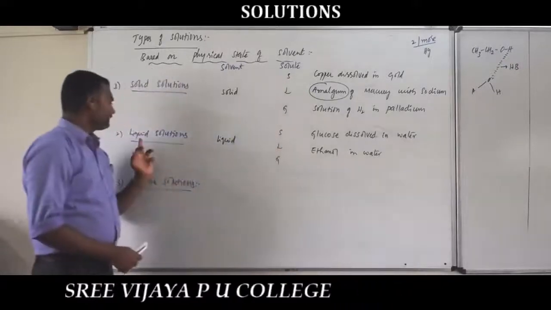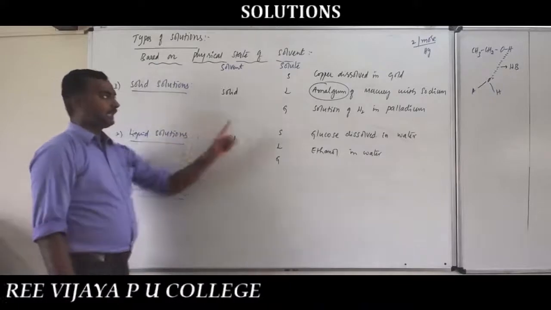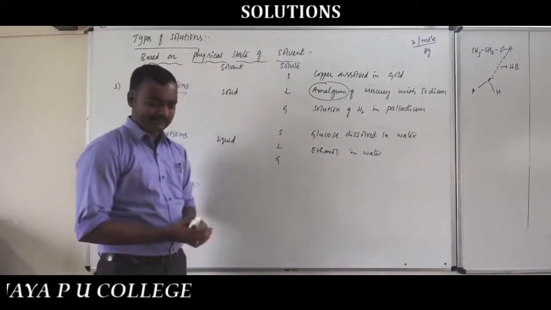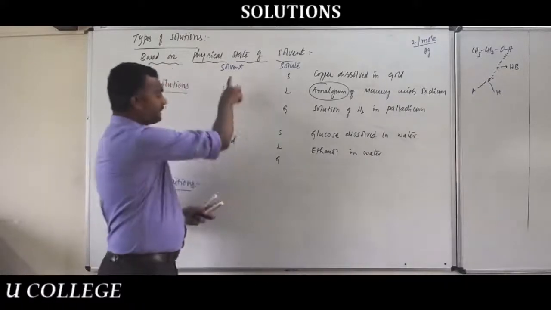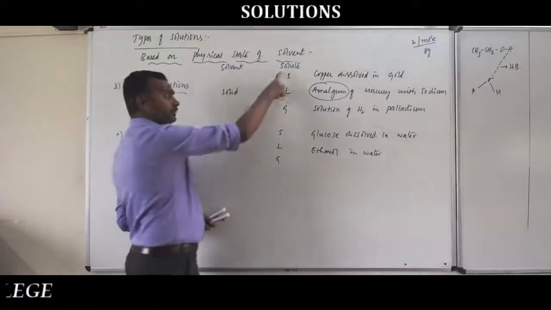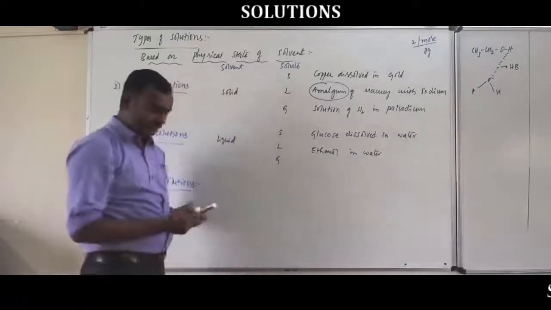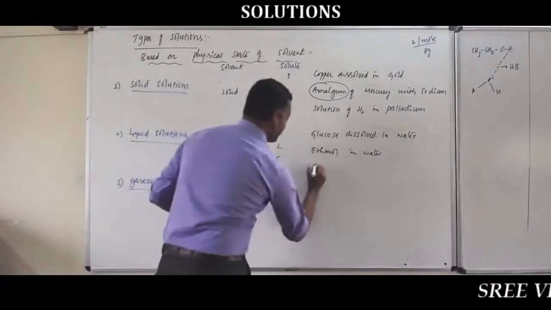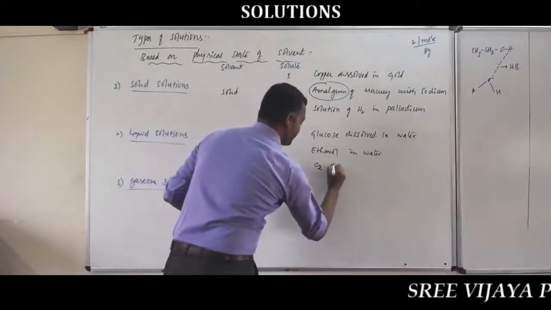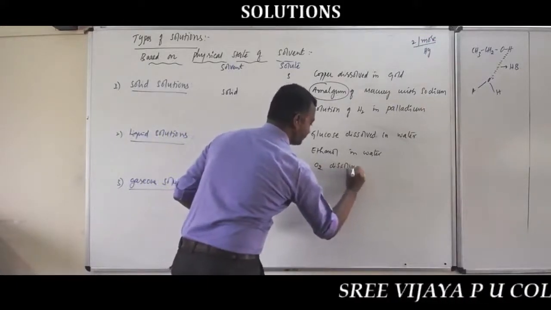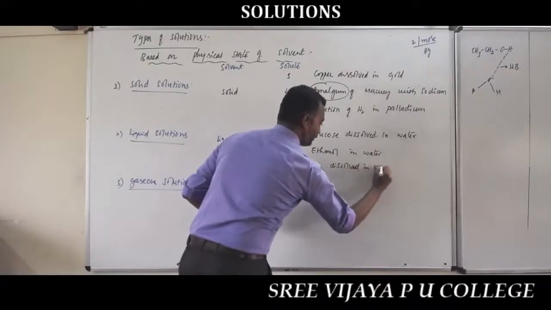And one more example: example for the liquid solution in which solute is a gas. Here the solvent must be in liquid state and the solute in gaseous state. The best example is oxygen dissolved in water.